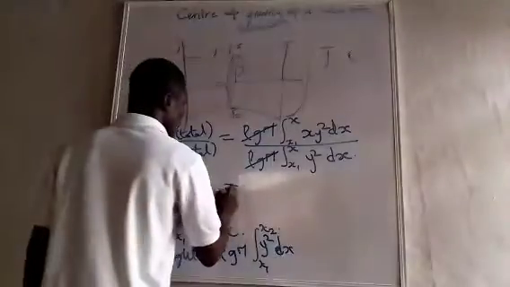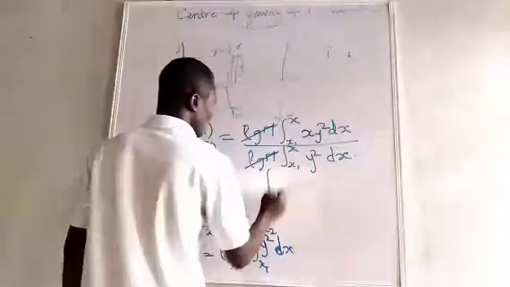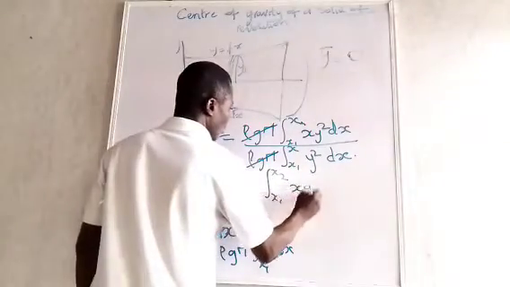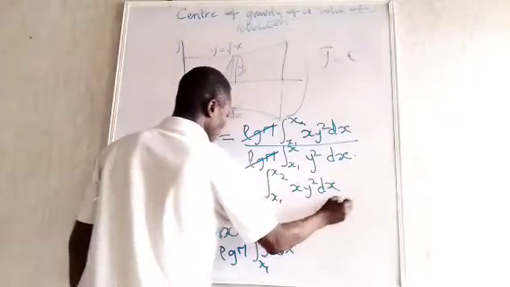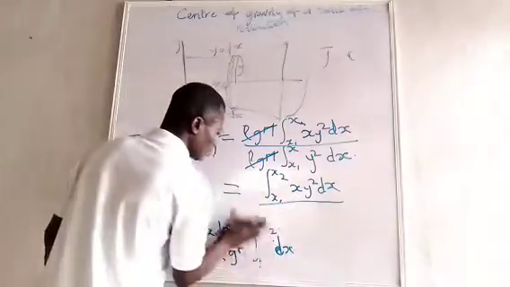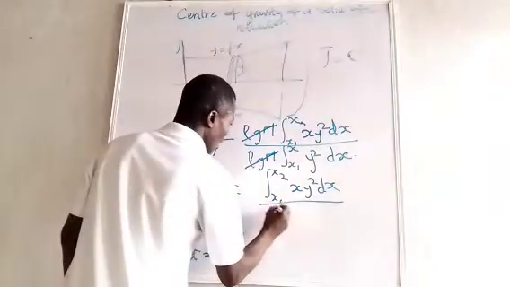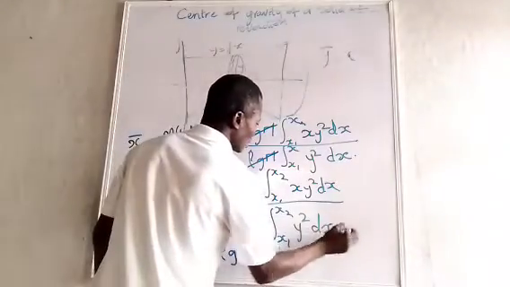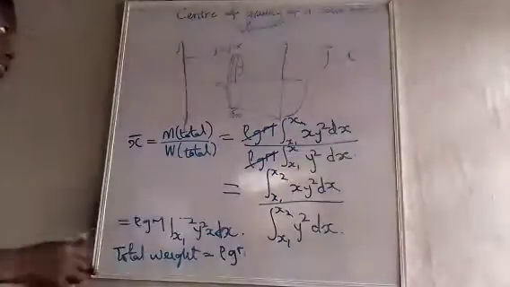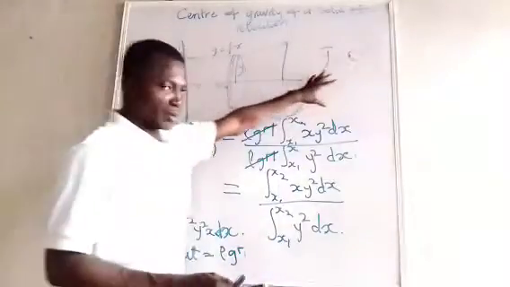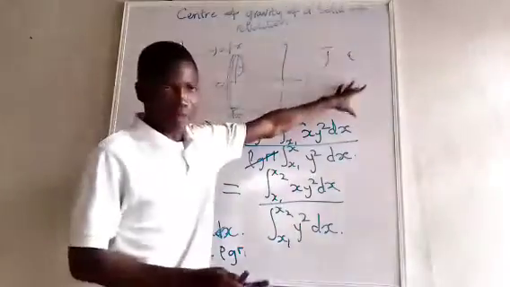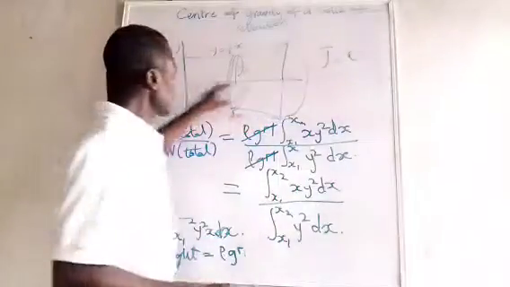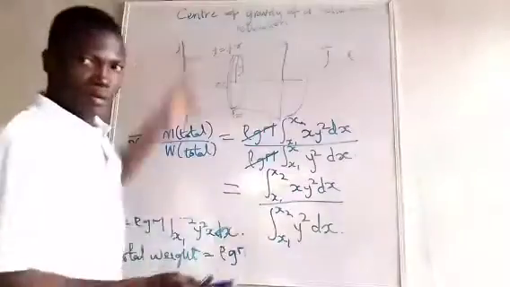Our y is simple. y will be 0 because we rotated it around the x-axis, and the x-axis is 0 along the y-axis.